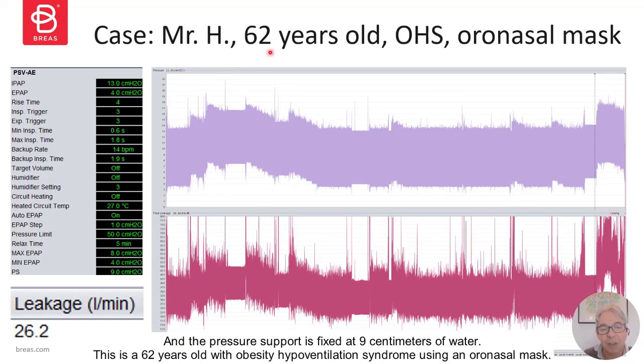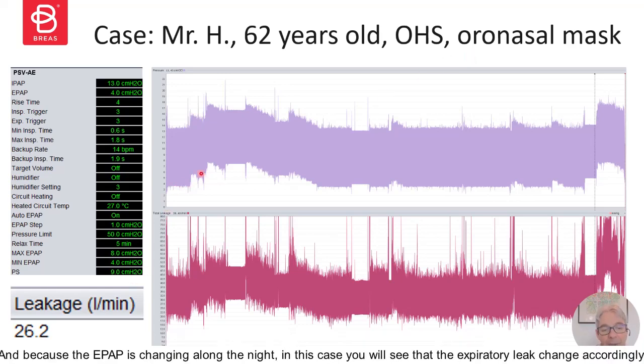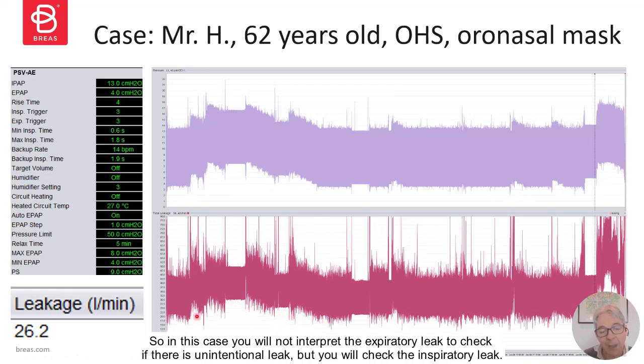This is a 62-year-old with obesity hypoventilation syndrome using an oronasal mask. And because the EPAP is changing along the night, in this case, you will see that the expiratory leak changes accordingly. So in this case, you will not interpret the expiratory leak to check if there is an unintentional leak, but you will check the inspiratory leak.